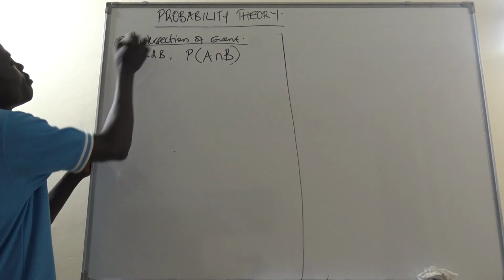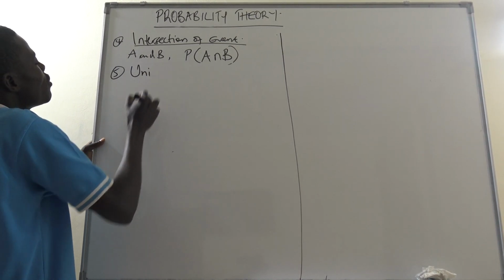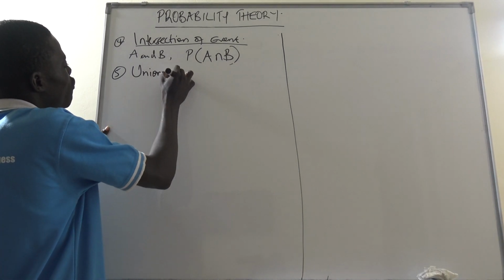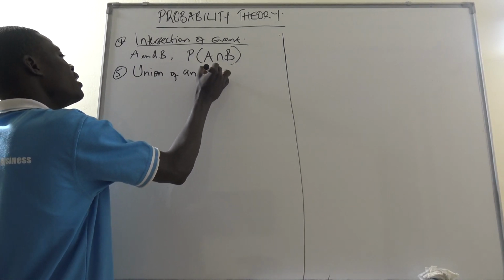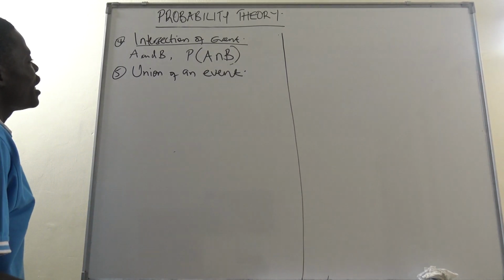Then after the probability of intersection, we go to the union of events.